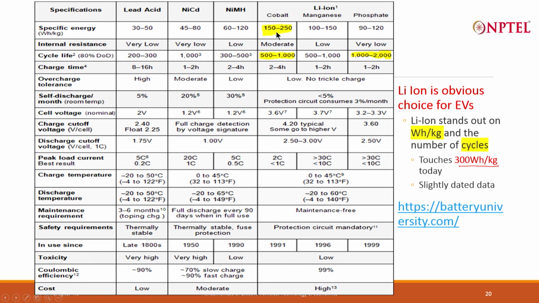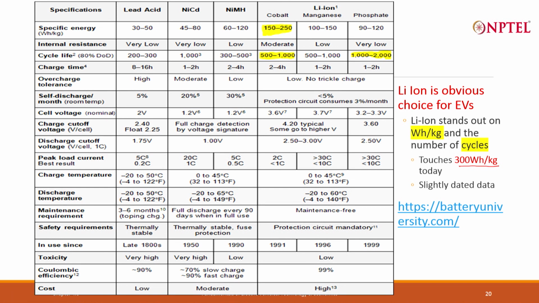It also means that at 300 watt hour per kg, the cost comes down. If I use, for example, lithium phosphate, suppose it is 100 and this is now 300, my cost will be approximately 1/3.